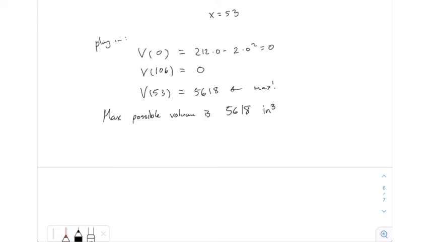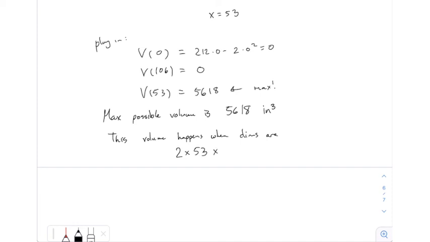And then, what else did I ask? The other question was, which dimensions will give you that volume? To answer that question, I will say this volume happens when the dimensions are, well, the height is going to be 2 by x by y. And apparently the x was 53.